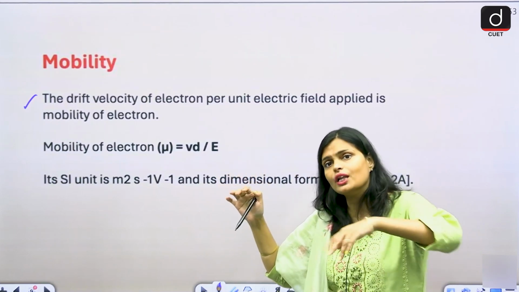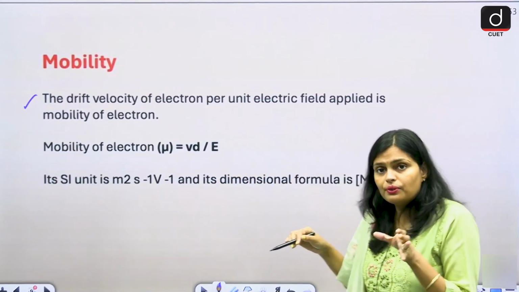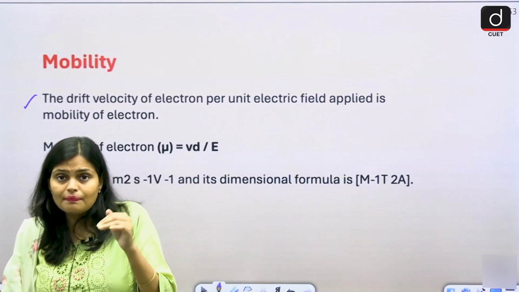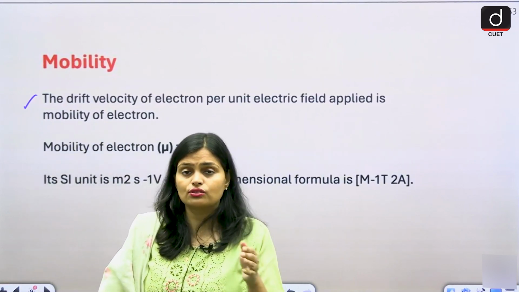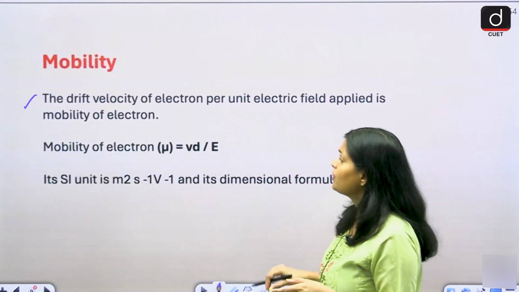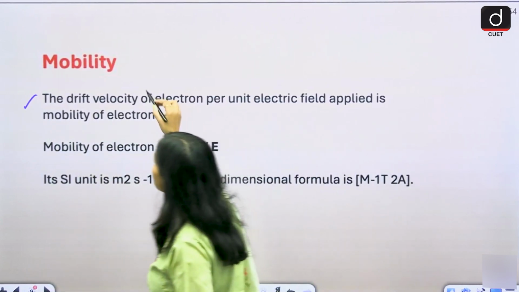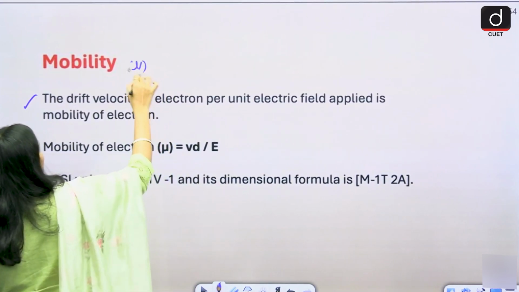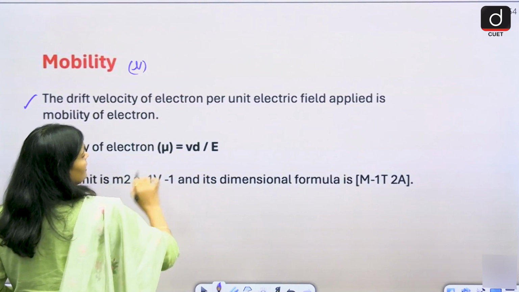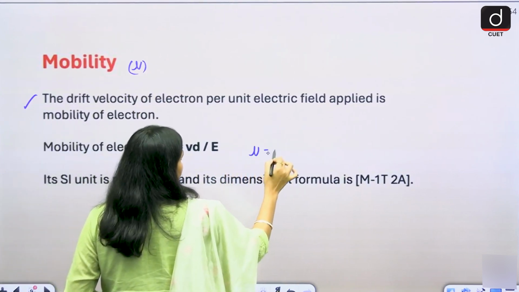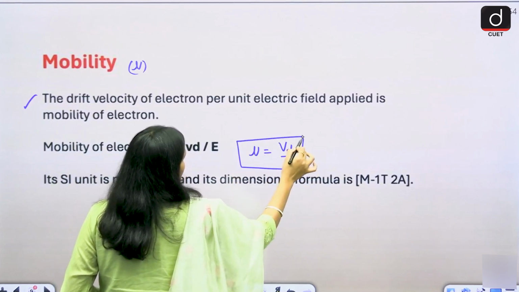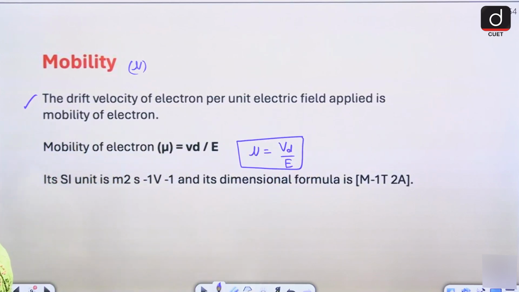Mobility मतलब होता है चलना, ठीक है? तो per unit में इलेक्ट्रिक फील्ड जैसे जैसे अप्लाई हो रहा है, so on applying electric field, how much electrons started moving, that is called the mobility. Mobility is represented by mu, and mu is Vd by E. So drift velocity per unit electric field. Okay, this is the mobility, right?